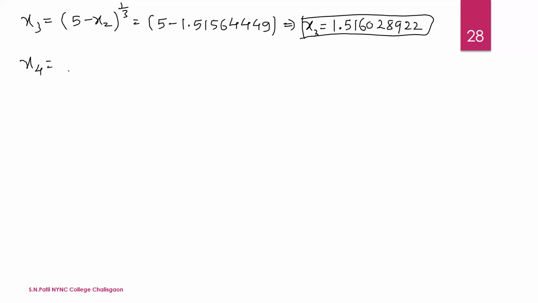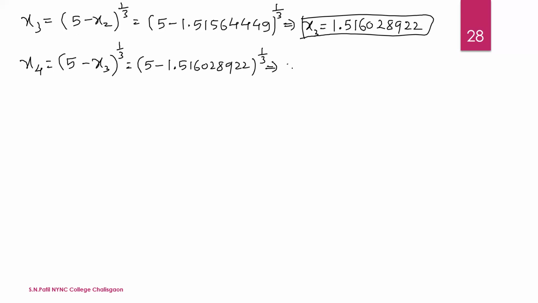Okay, now next iteration, x4 is equal to (5 minus x3) raised to 1 by 3. That is 5 minus the value of the x3, 1.51602892, raised to 1 by 3.